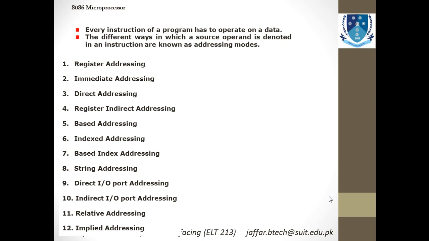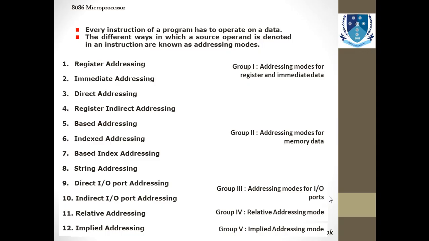So let's start with the different modes of addressing that you can use while using the 8086 microprocessor. These addressing modes are classified further into five groups.